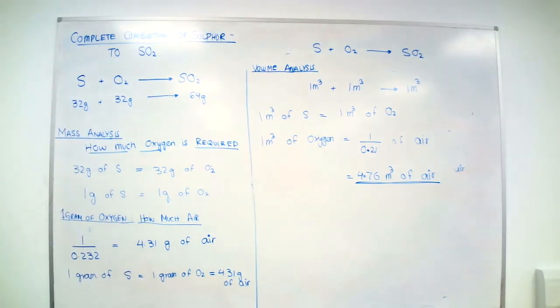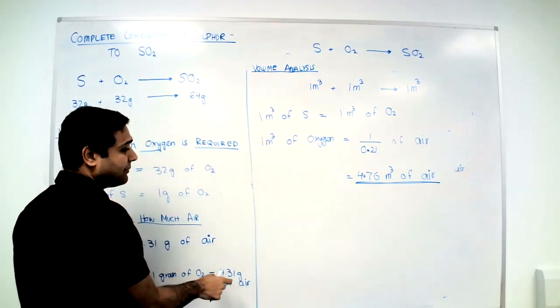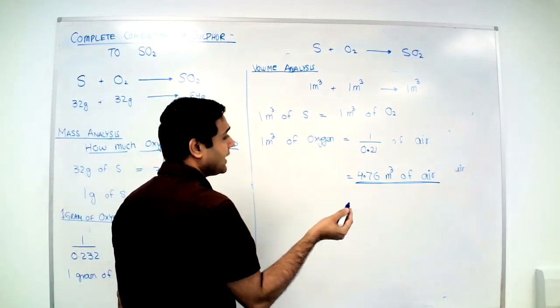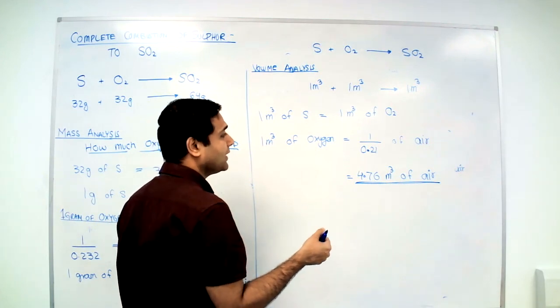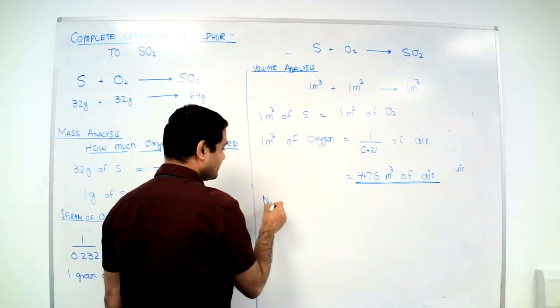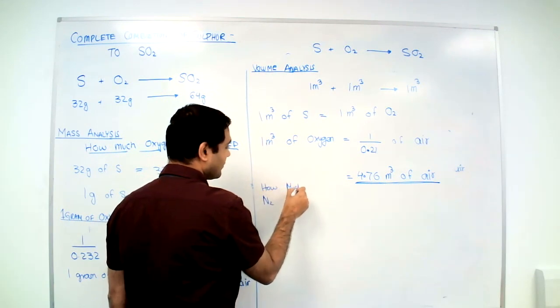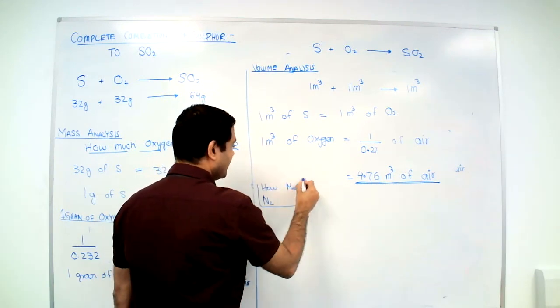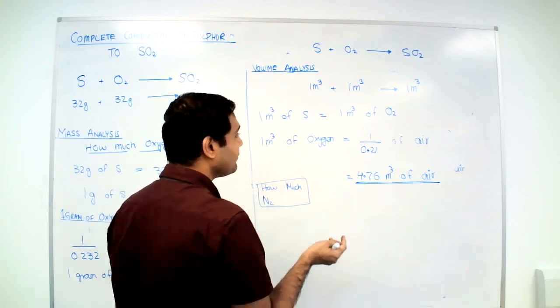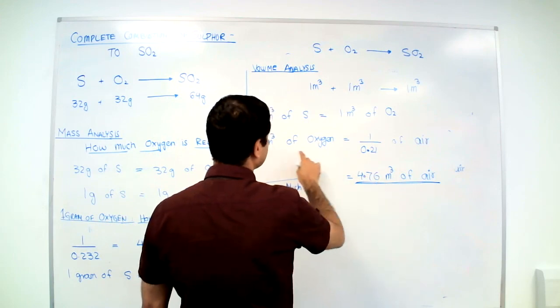So whenever you get the volume of the air, it will be bigger than the grams. If they ask how much nitrogen was there, the easy way is to take away the oxygen from the air.